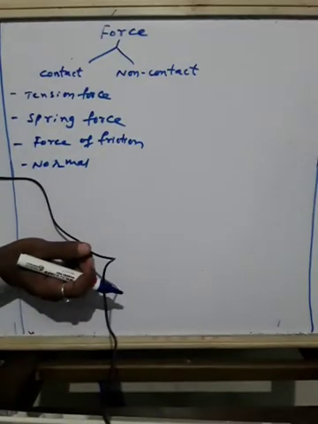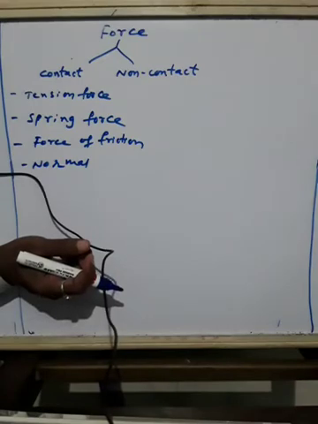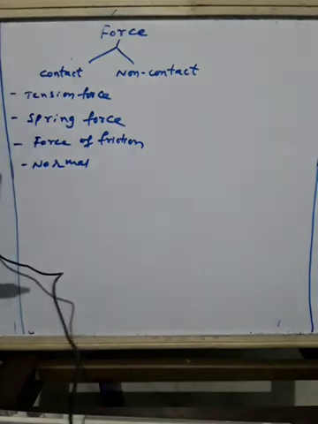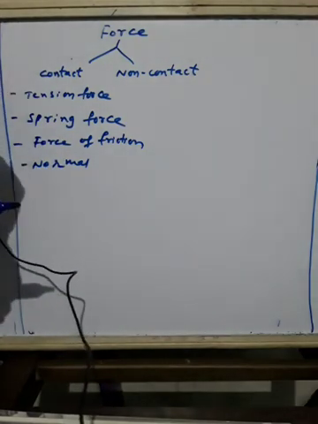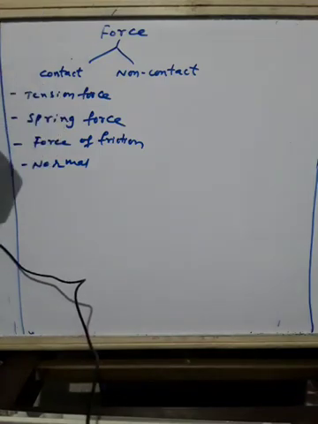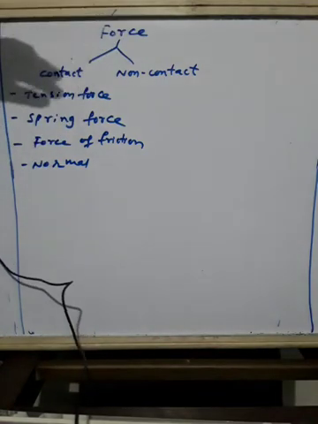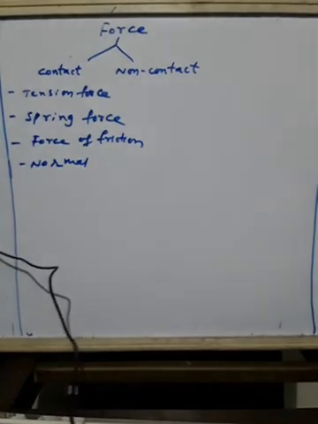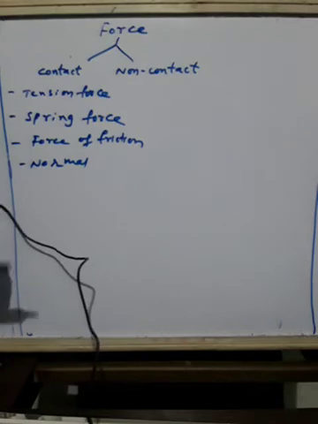So we see that a spring can both push the ball forward or pull it inward. Suppose there is a spring, there is a ball. If you release it, it will make the ball move forward. If you bring it closer, the ball comes closer. Okay, so this is spring force.